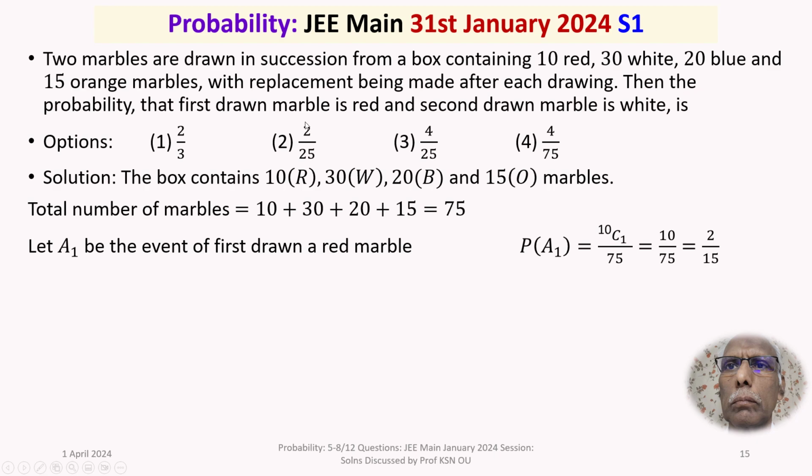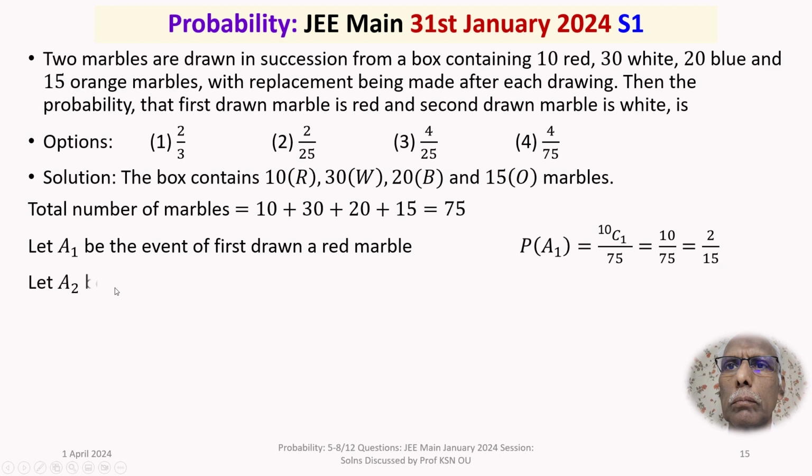You want the probability of first drawn marble is red. That is the event A1. Then what will be the probability of A1? That is, you are drawing the first marble, the first time, a red marble. How many red marbles are there? 10. 10C1 by 75. And that is 10 by 75. That is 2 by 15.